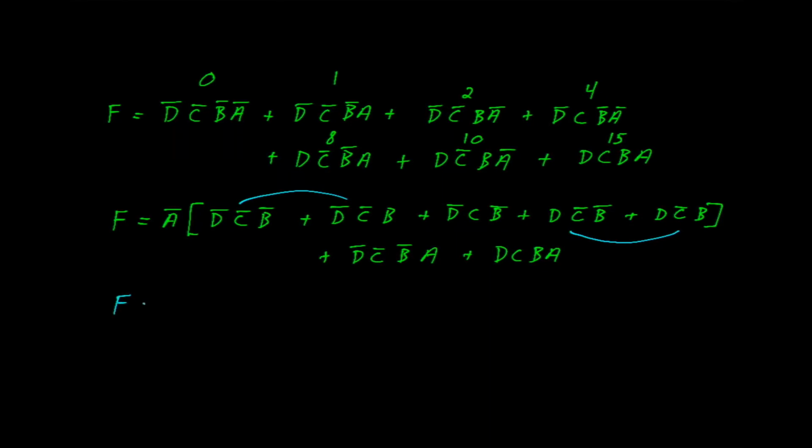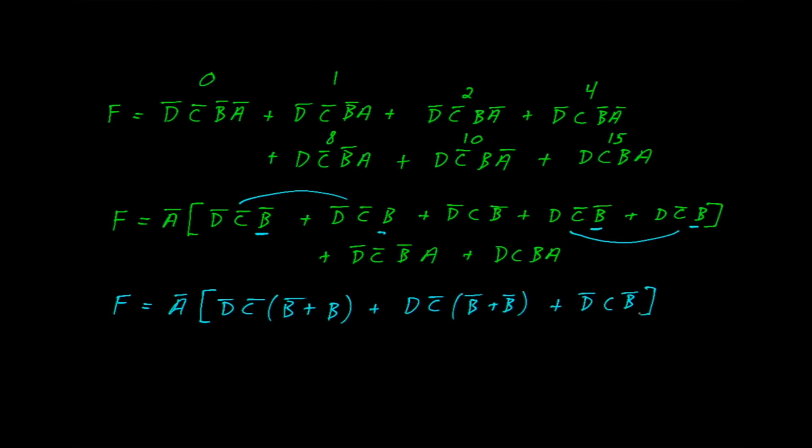So F is equal to A naught, put a bracket here, D naught, C naught, B or B naught, so that's this and this, or, let's see, D, C naught, B naught or B, which takes care of this one and this one, and then we'll just bring all the other terms down.